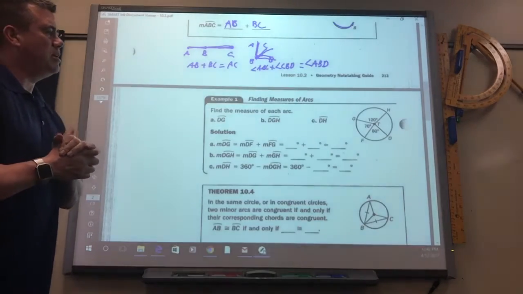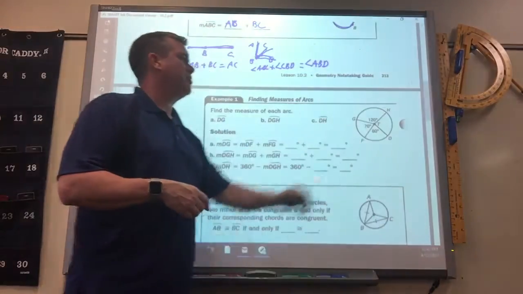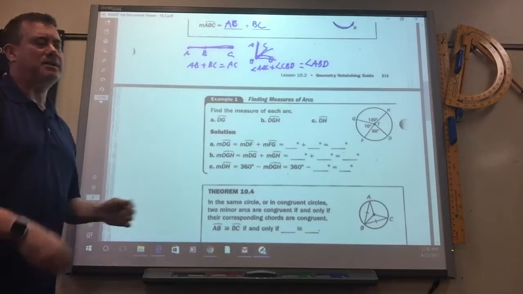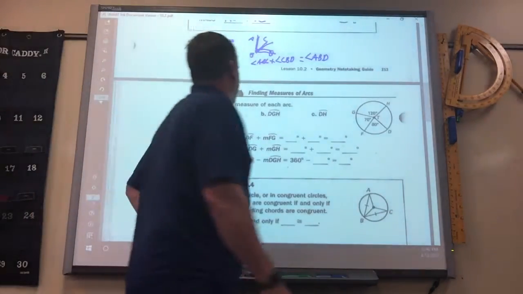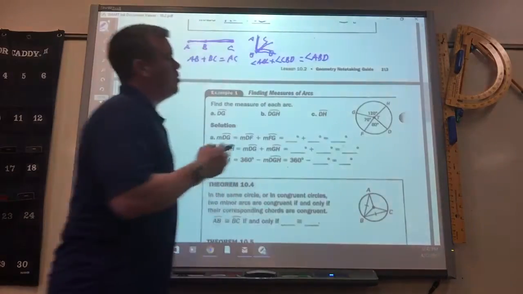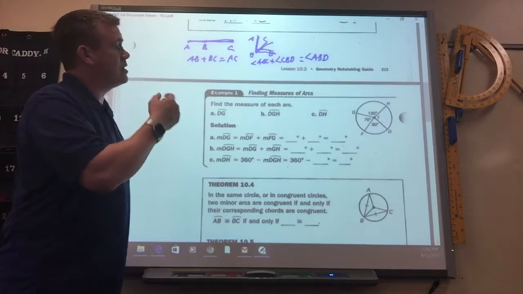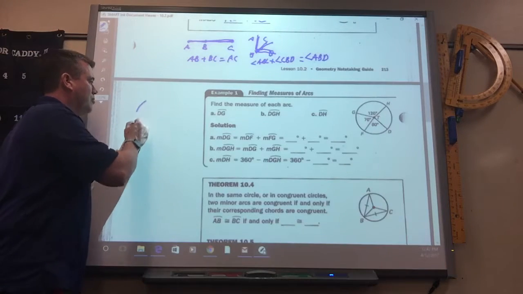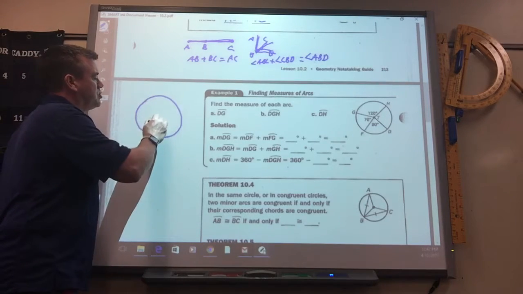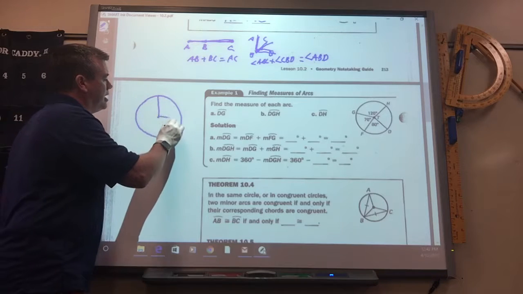All right, when you're doing these, which we do a lot of, like on worksheets and tests, the thing you want to do is just fill in all the unknowns. Now, I didn't show you yet, but if you've got a central angle, I'm just going to make a 90-degree angle right there.